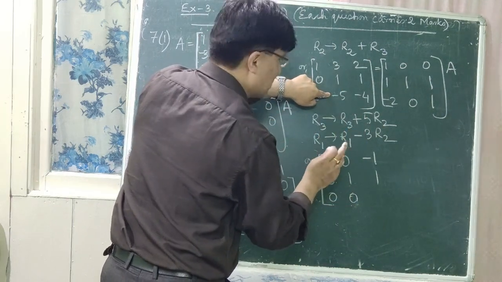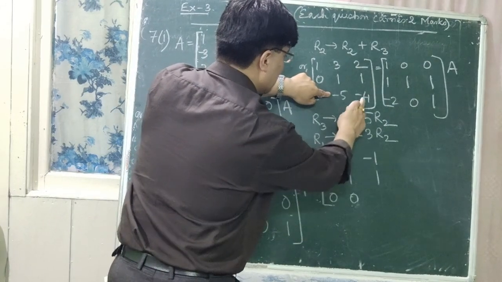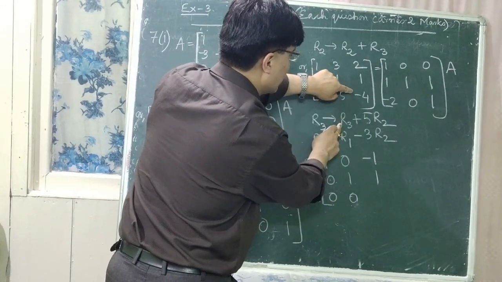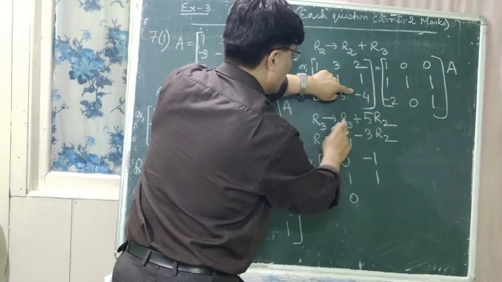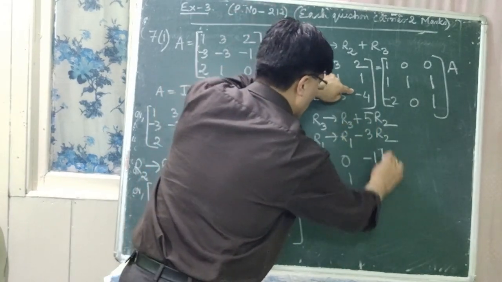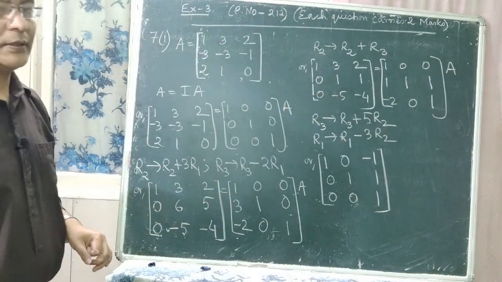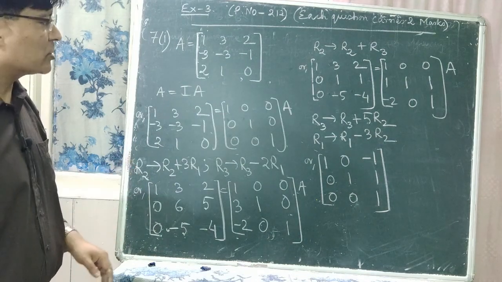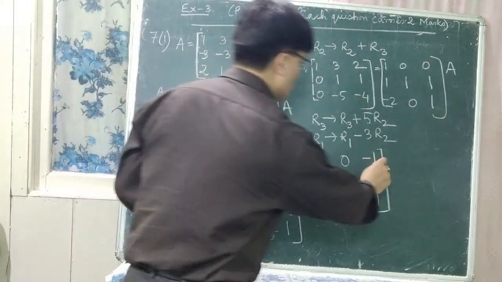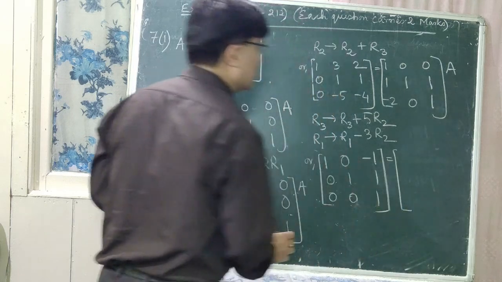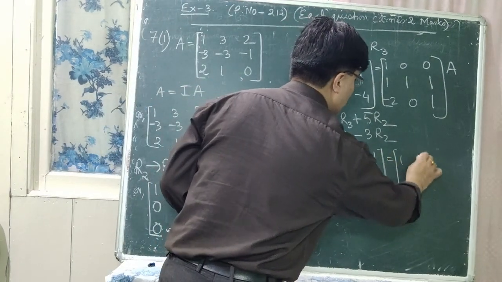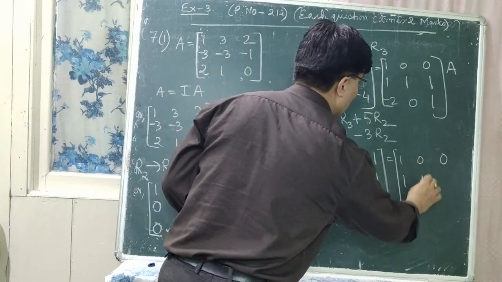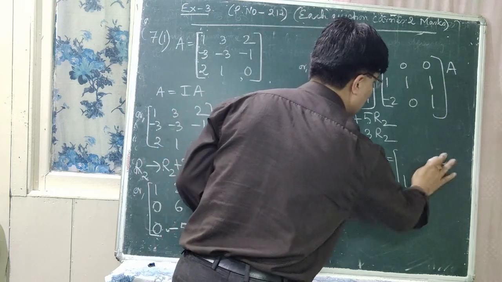Next one, this is minus 4. This is minus 4 plus 5 ones are 5. Minus 4 plus 5 is 1 always. So I think you have understood it. Okay, so which is equal to, now here it is 1 0 0 1 1. Oh sorry, this is also changing.